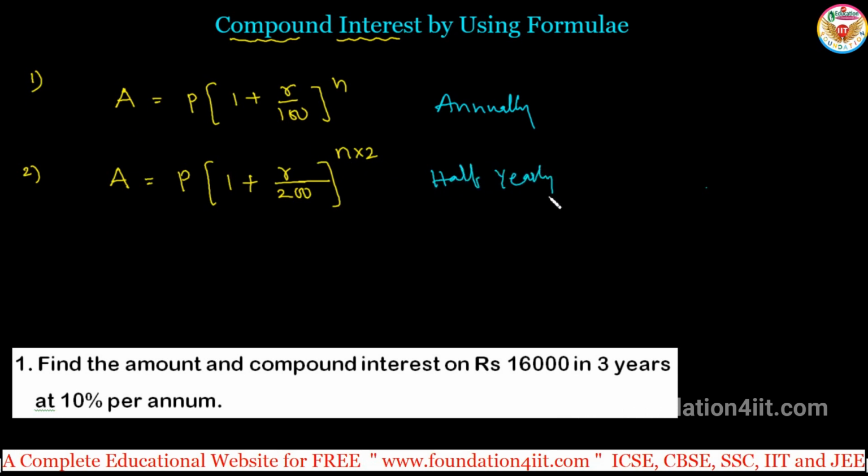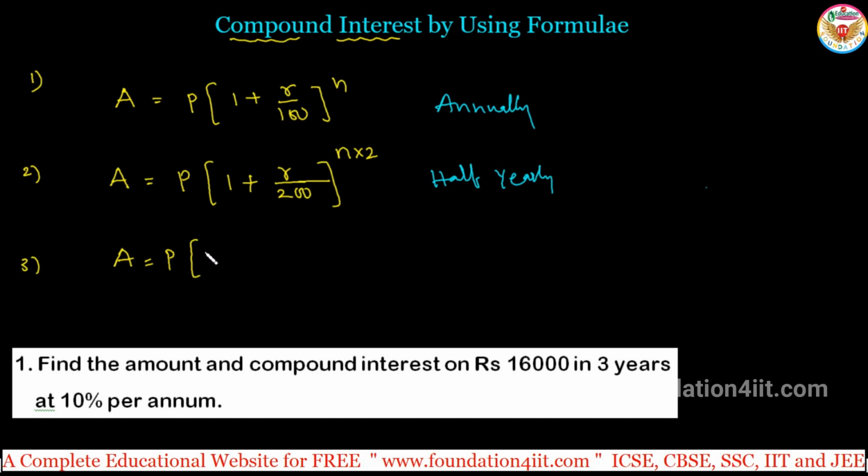If it is half yearly, to calculate the amount you can use this formula. R is the rate of interest, but in the formula R by 2 into 1 by 100 will come, R by 200. And next, if the rate of interest is different from year to year, then A equals P into 1 plus R1 by 100.